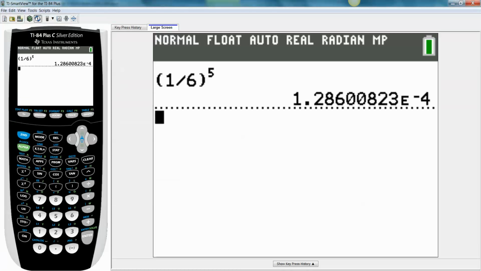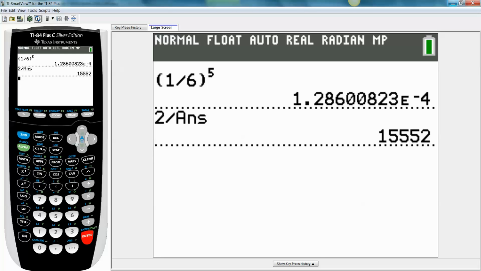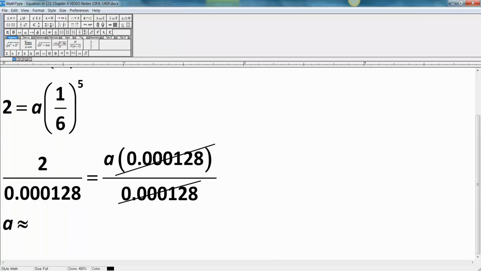Now to make the calculator do this with all these decimal places, the easy thing to do is say 2 divided by second ANS. So it takes your last answer, which is here above the negative button, and takes 2 and divides it by that. And it's 15552. So we didn't need a squiggly equals.